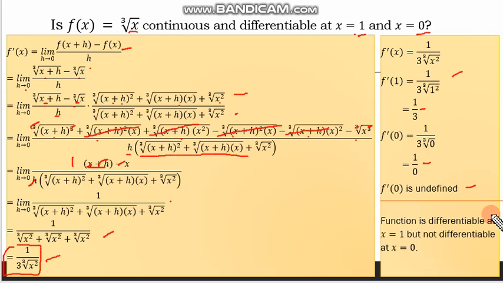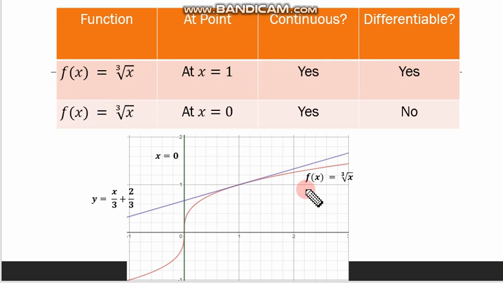So we could conclude that the function is differentiable at x equal to 1 because the value of the derivative is 1/3, while it is not differentiable at x equal to 0 because f prime of 0 is undefined. You can verify that through the graph: at x equal to 1, our function is differentiable and continuous because there is a slope of a tangent line at x equal to 1, while at x equal to 0, you can see that it is continuous, but there is a vertical tangent line.